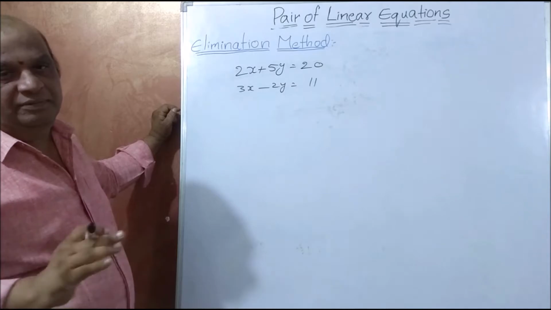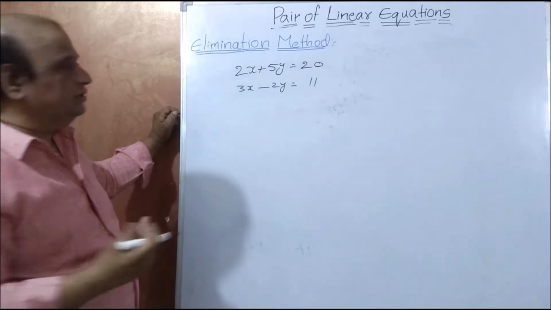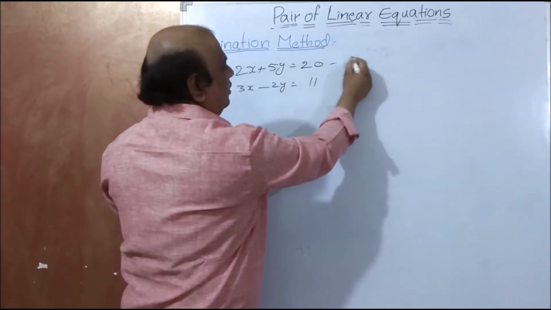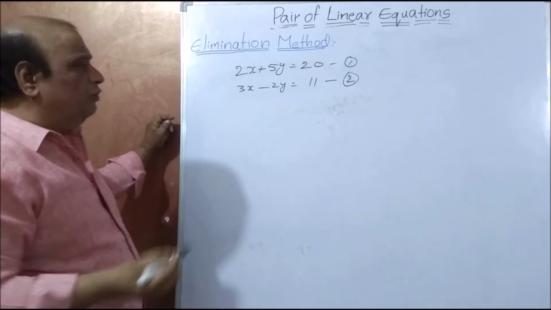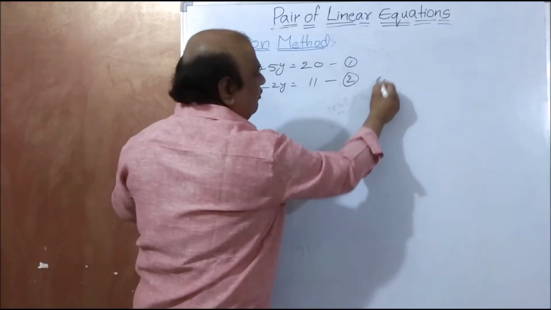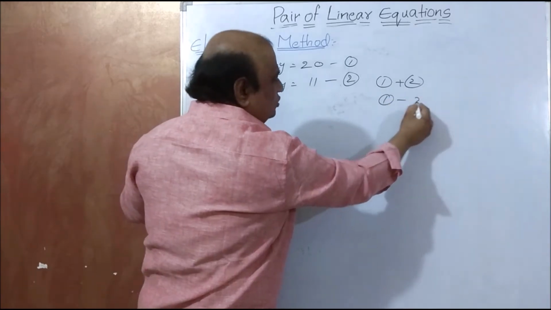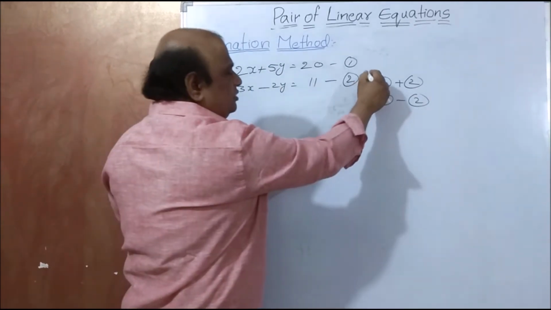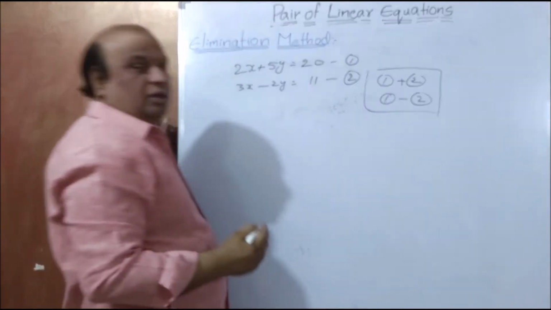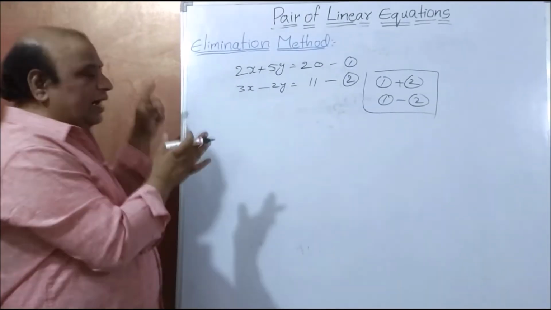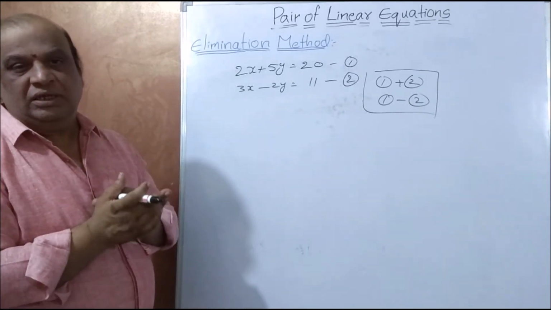How to cancel? By using addition or subtraction. This is equation 1, it is equation 2. We should add these two equations or subtract these two equations. You should add or subtract these two equations.